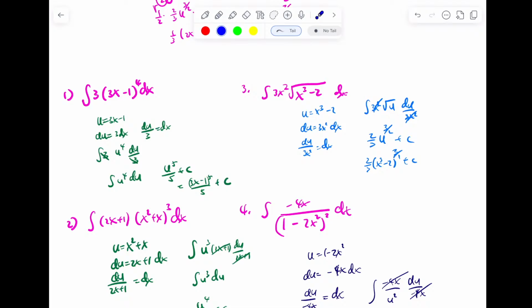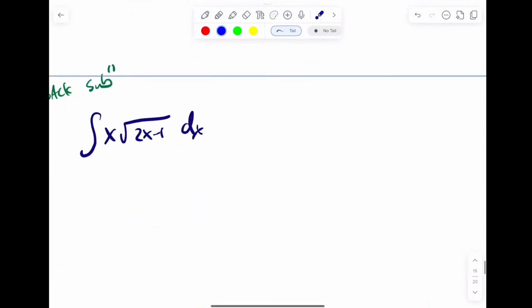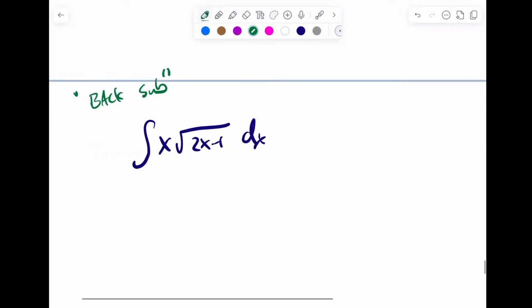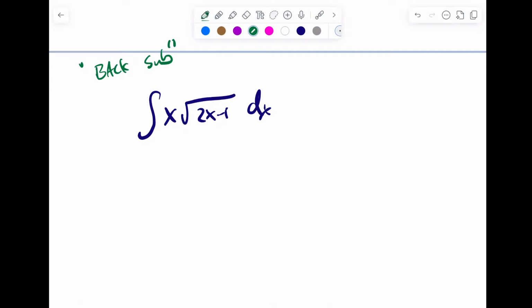But what if it's the same degree outside? Do you see this is 1 and this is 1? So they have the same degree, so there's nothing I can cancel. So there's a situation here that you're gonna have a problem with. Then we can use something called backsub. But first of all, it's still the same thing: u is still equal to exactly the same thing, 2x minus 1.